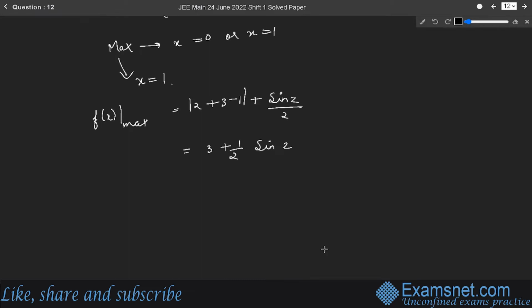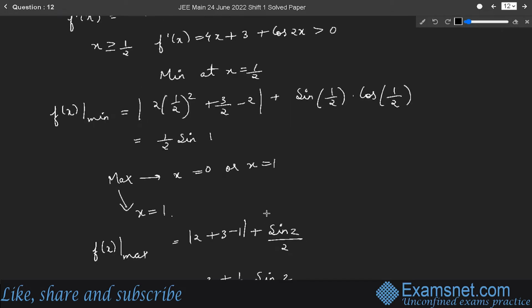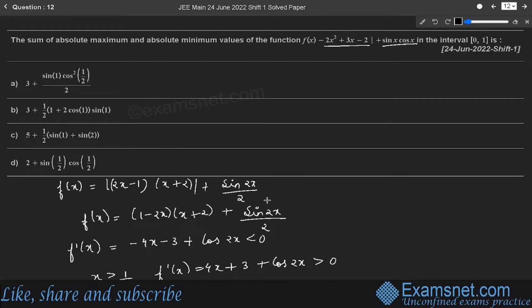So the sum of absolute minimum and maximum values will be 3 plus 1 by 2 sine 1 plus sine 2. Hence we can say that this is the required answer and the correct option will be 3 plus 1 by 2 into sine 1 plus sine 2, which can be written as 1 plus 2 cos 1 into sine 1. So the correct option will be option number B here. I hope this question is clear to you.